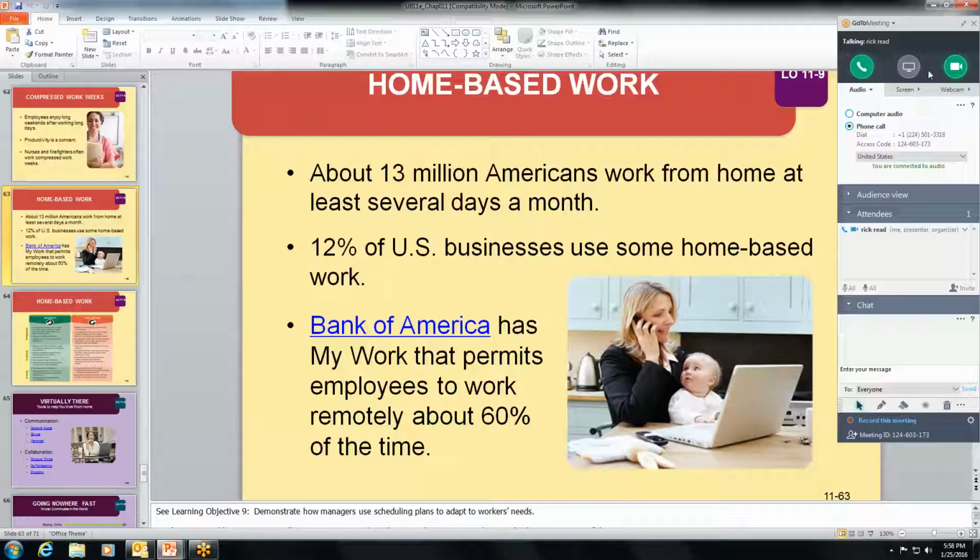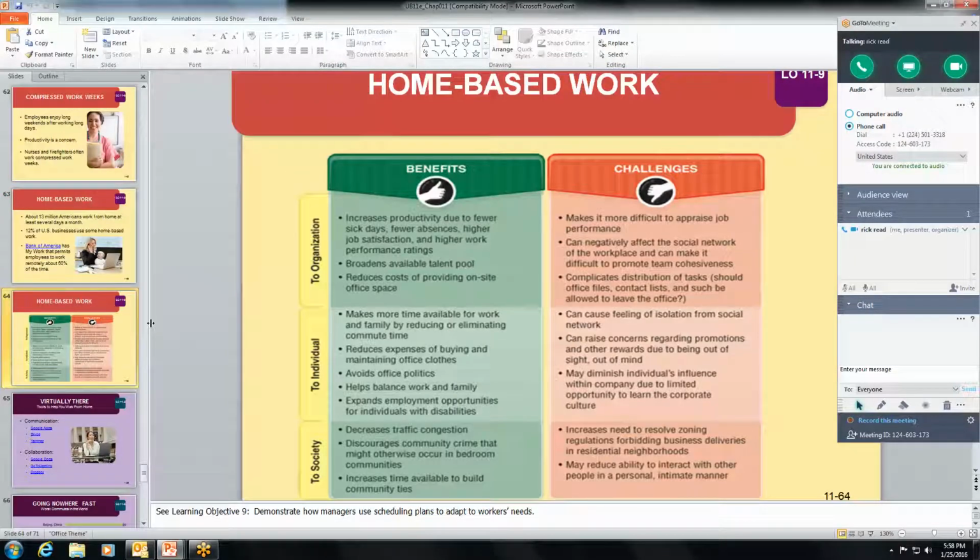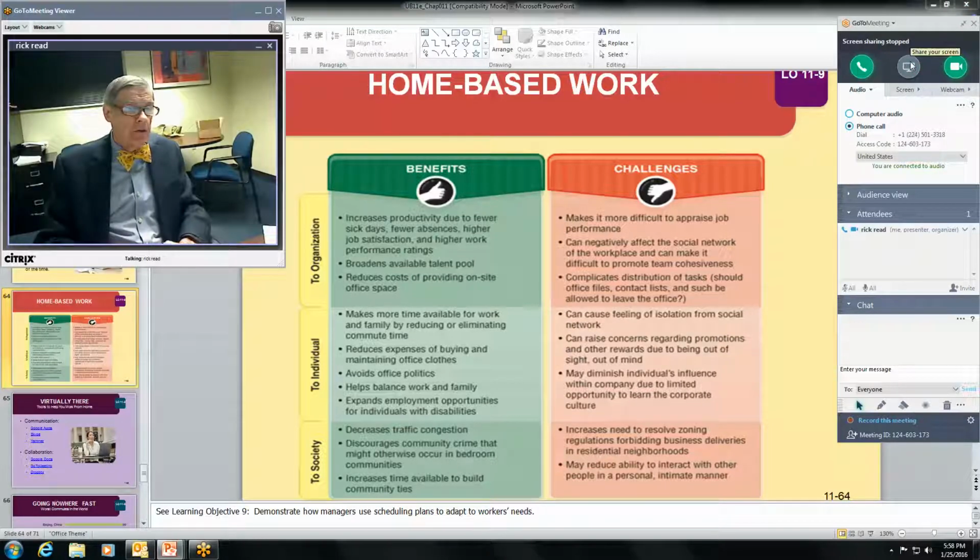Home-based work, there are some benefits. Individuals in familiar surroundings, and you decrease putting people on the street, with traffic, etc. But how do you appraise their job performance? It's difficult to do that.